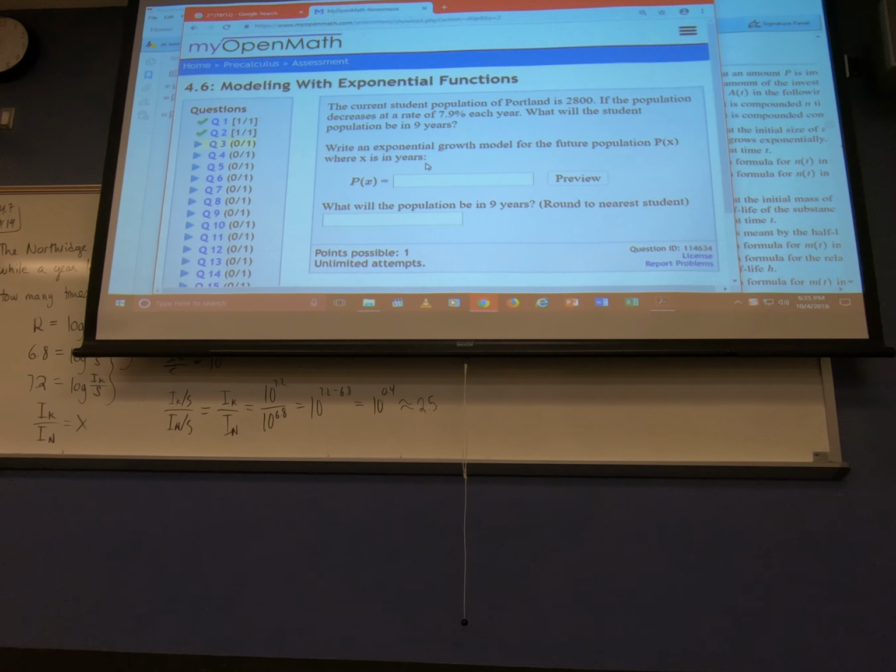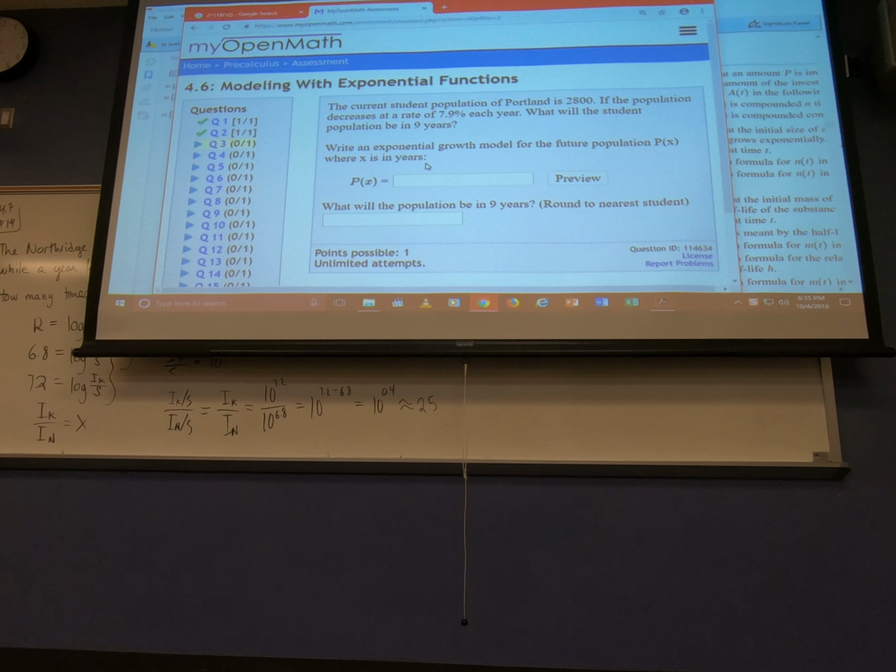So that is a sentence fragment. If the population decreases at a rate of 7.9% per year, period. It's not a proper sentence. So if they put a comma there, that would be okay, right? The comma, what will the student population be in 9 years?